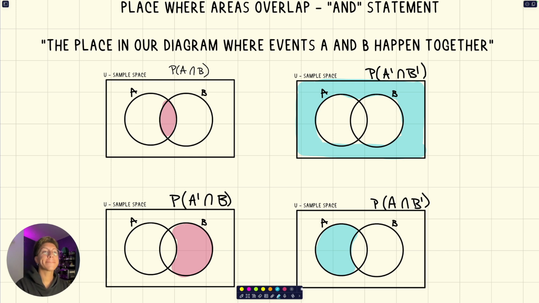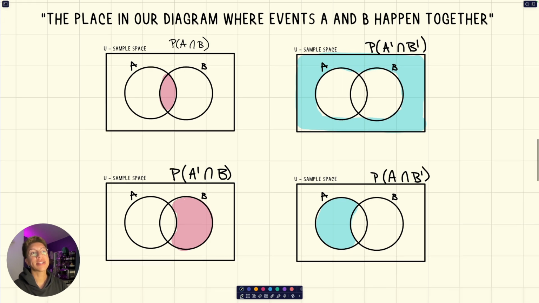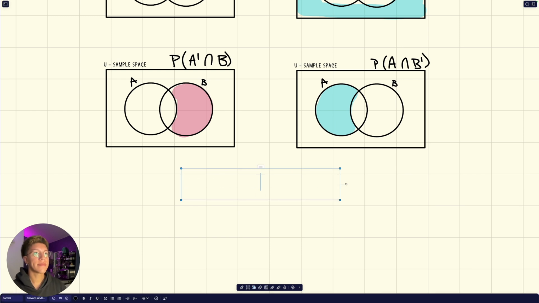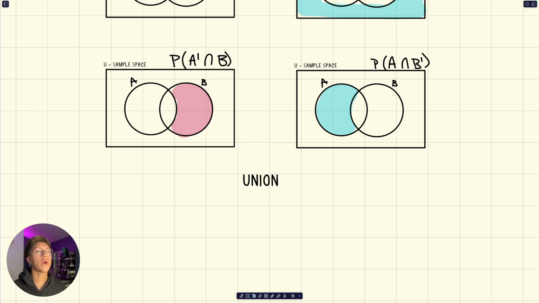All right, moving down, we take a look at our next topic, which is called union. Union starts with a U, and it's also represented by the notation, a large U like that.